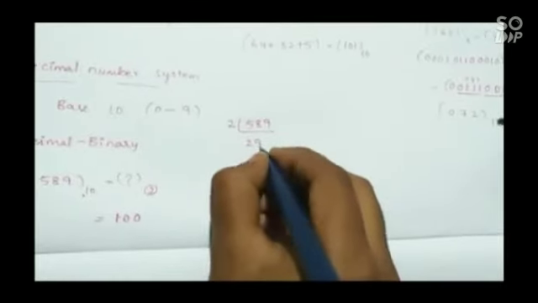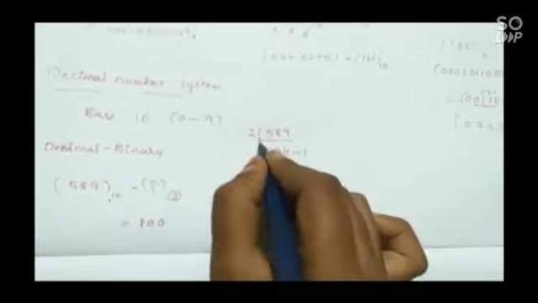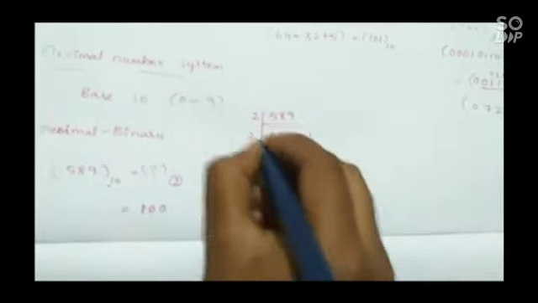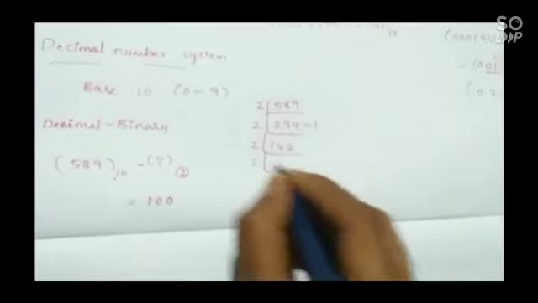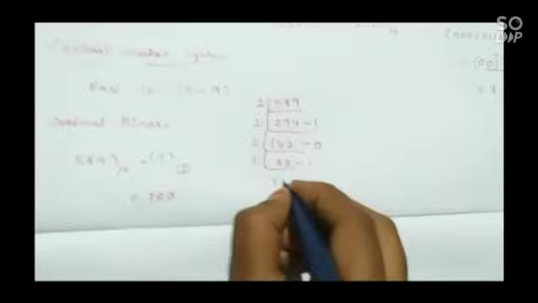We have here one carry, so we take it out and then divide it by 2. While dividing by 2, we get 1 and 0.